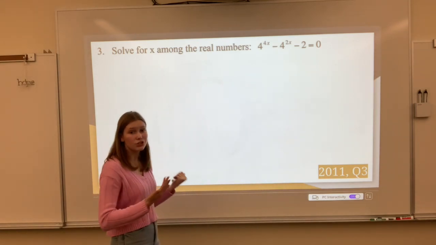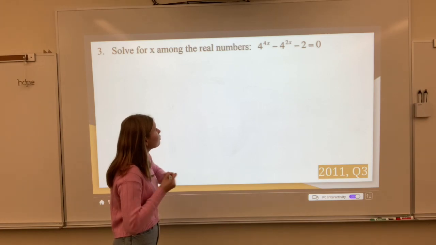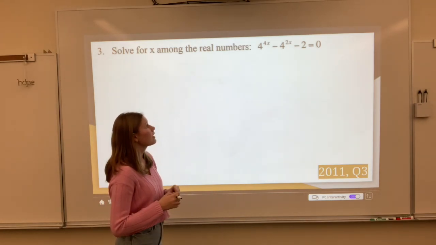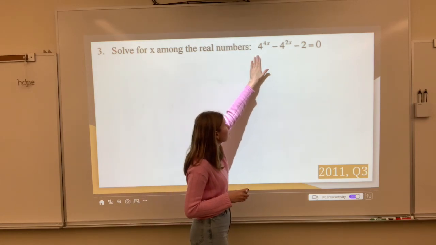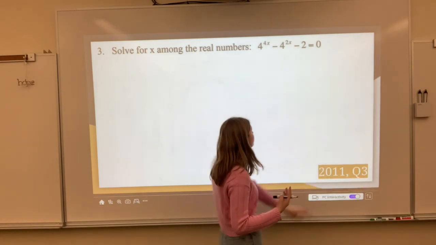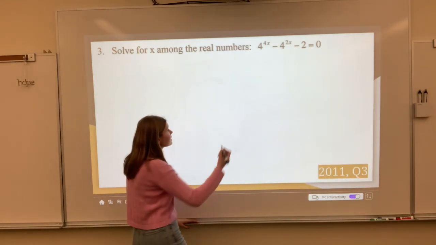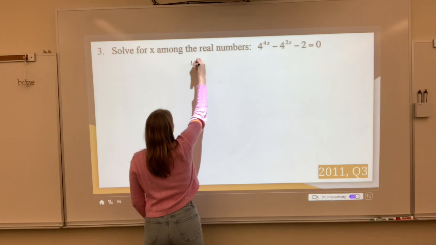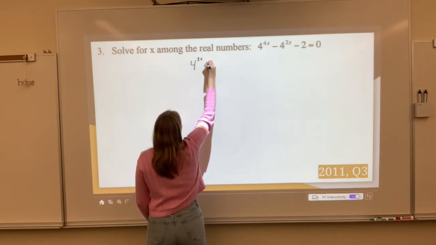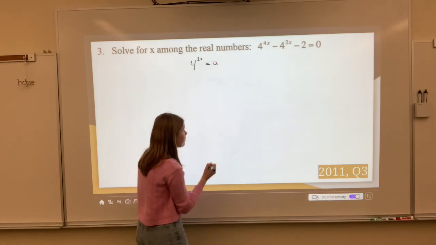Well, you can turn it into one. We have 4 to the 4x minus 4 to the 2x minus 2. This can be our x squared term, this could be our x term, and this could be our x to the 0 term. The way that I'm going to do that is I'm going to say, okay, 4 to the 2x is equal to a.